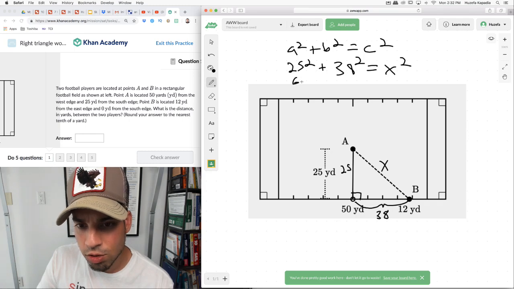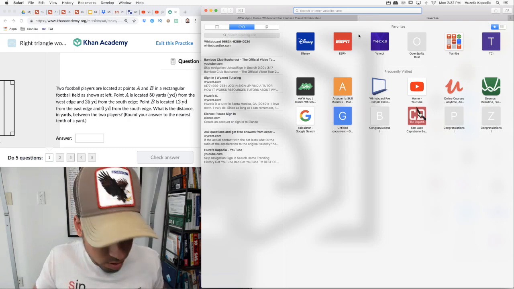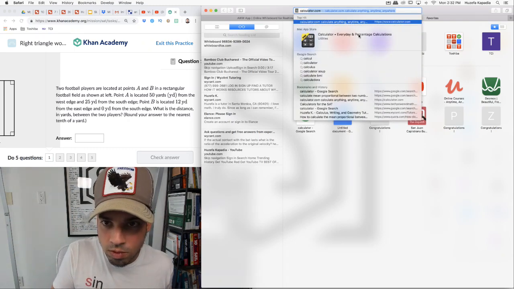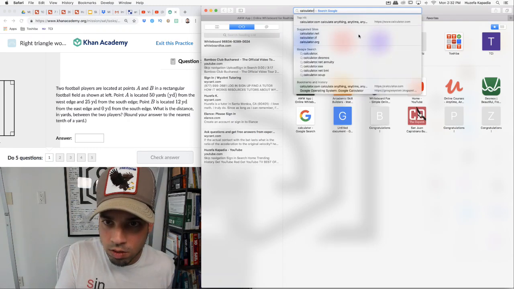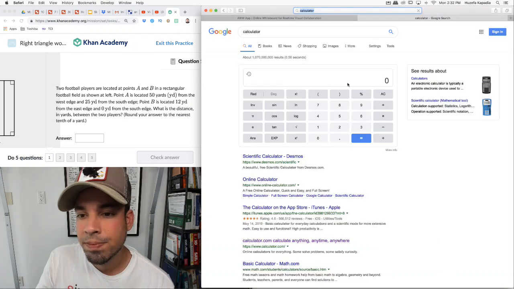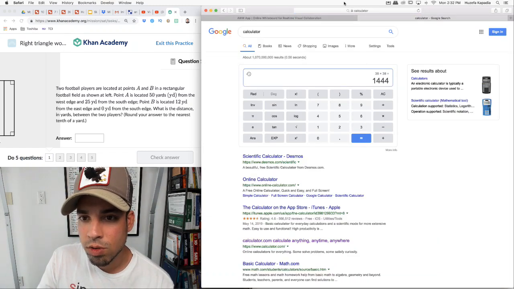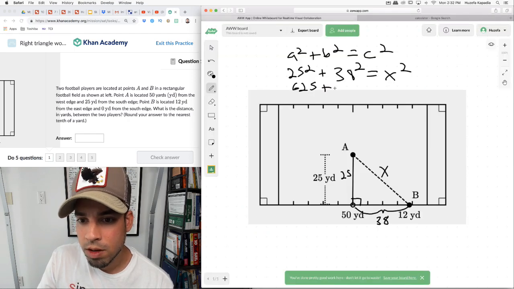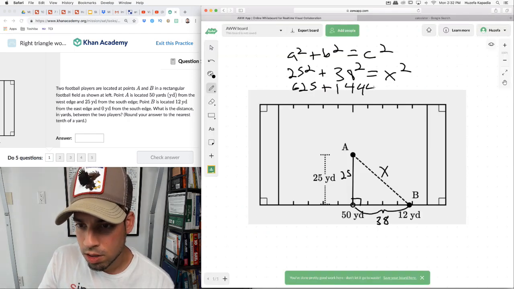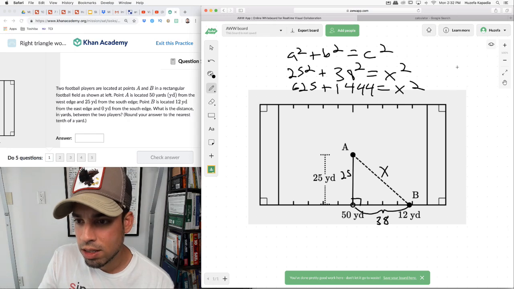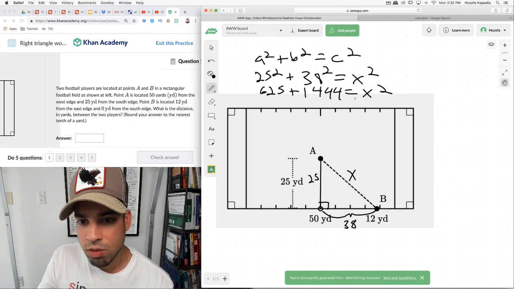I know mentally 25 squared is 625. 38, I don't know. Let's open up a calculator. 38 times 38 equals 1444, plus 625 equals x squared.